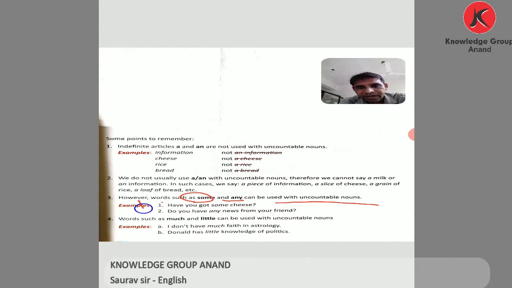However, words such as some and any can be used with uncountable nouns. How? See the example given here: Have you got some cheese? Cheese is an uncountable noun, so we use some with this cheese.